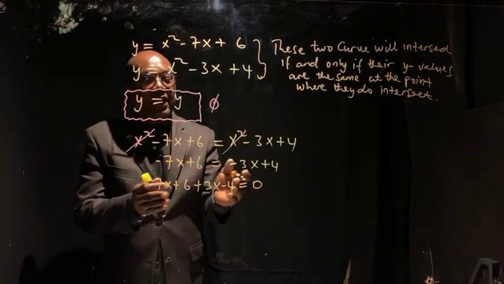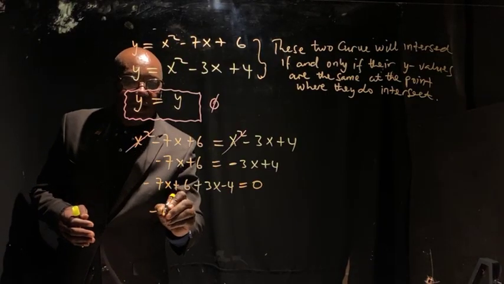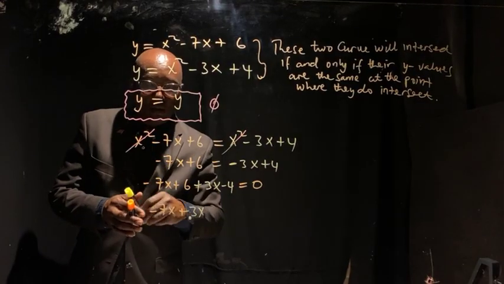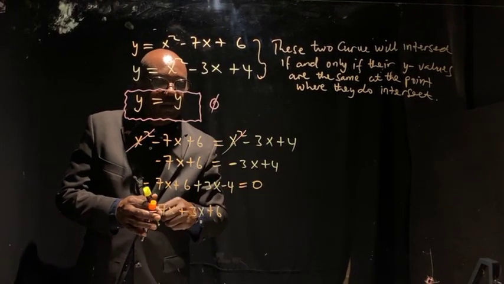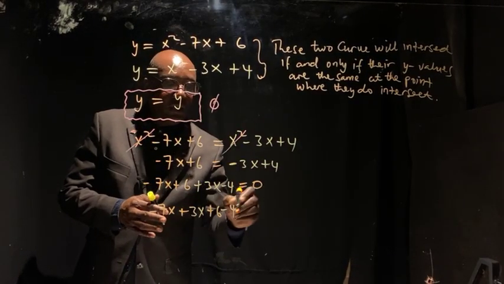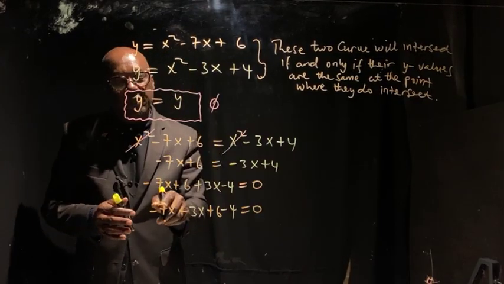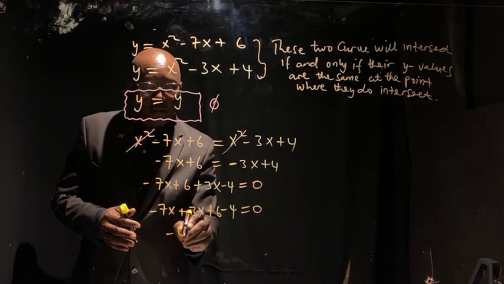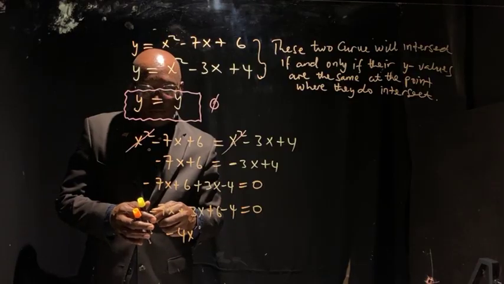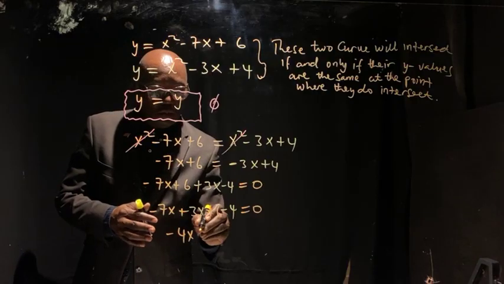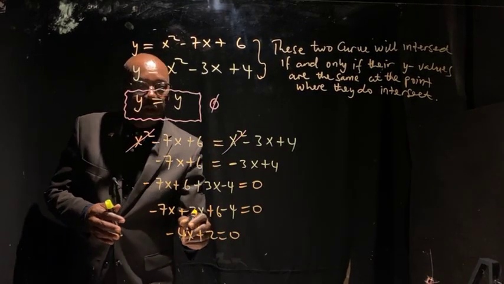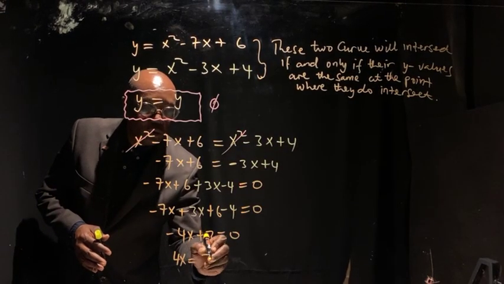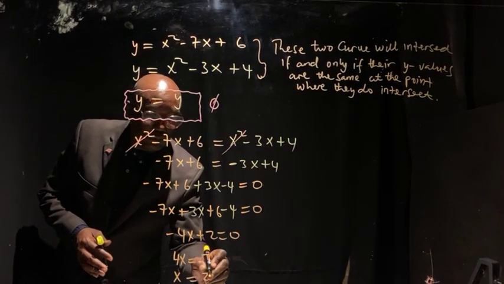So collecting the like terms together, we have minus 7x plus 3x plus 6 minus 4 equals 0, which implies minus 7x plus 3x gives us minus 4x. 6 minus 4 will be equal to 2, which is also not different from 4x equal to 2, so x equal to 1/2.